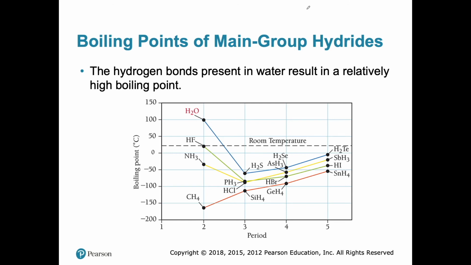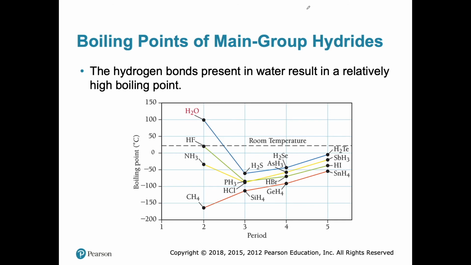And it gets even worse when you come out here. So here's water, H2O. But then here is H2S, which is literally the same thing because sulfur is just below oxygen in the same group. So you would think it would act the same, pretty much. But for water and hydrogen sulfide, there's a huge disparity in the boiling points.